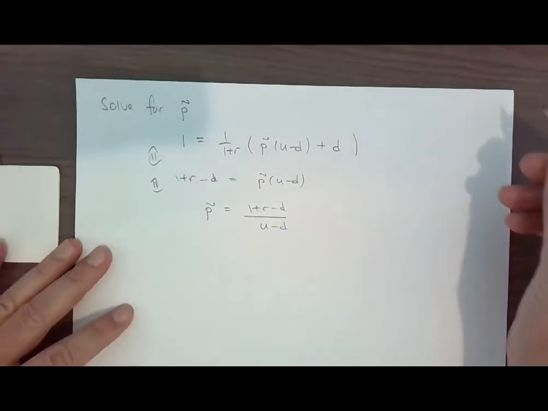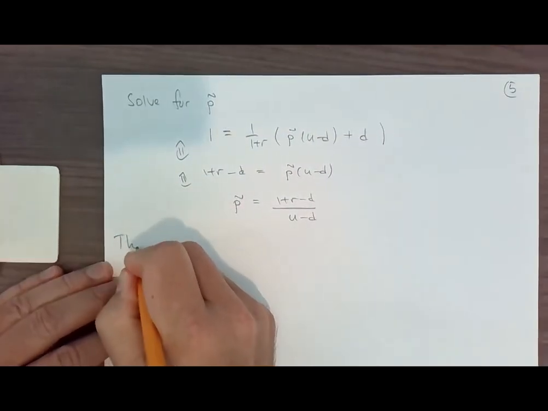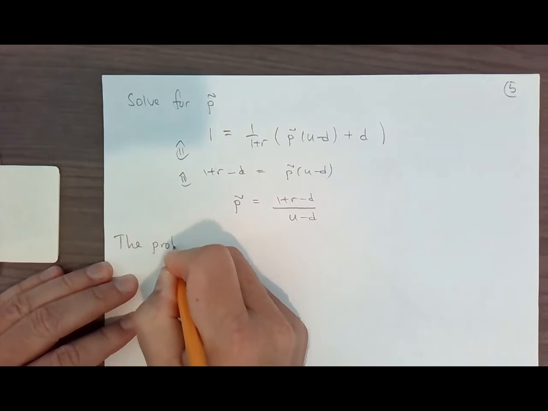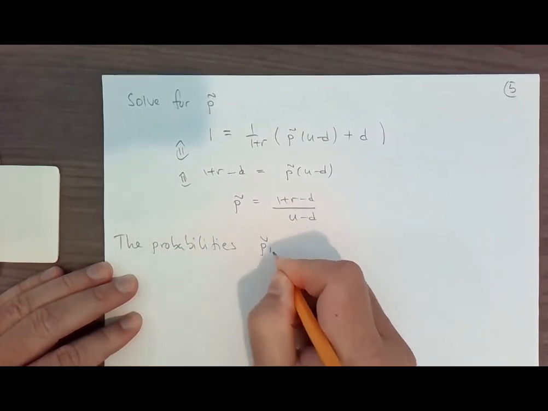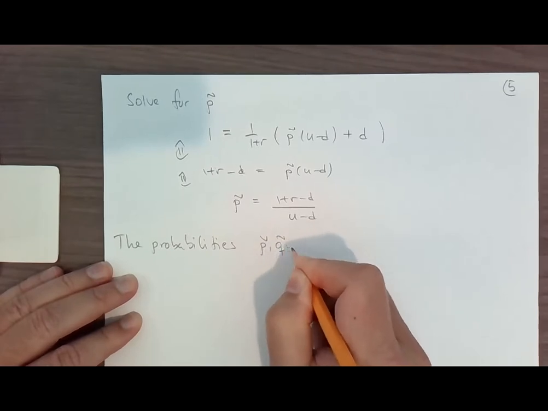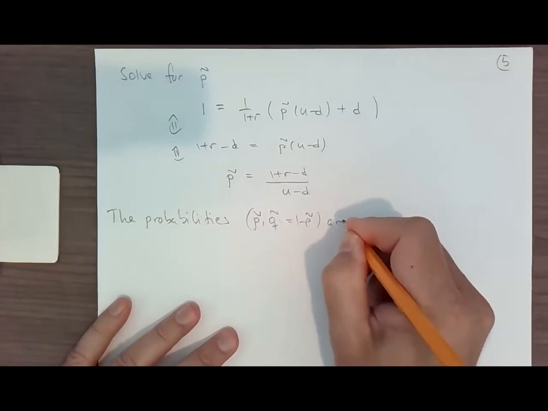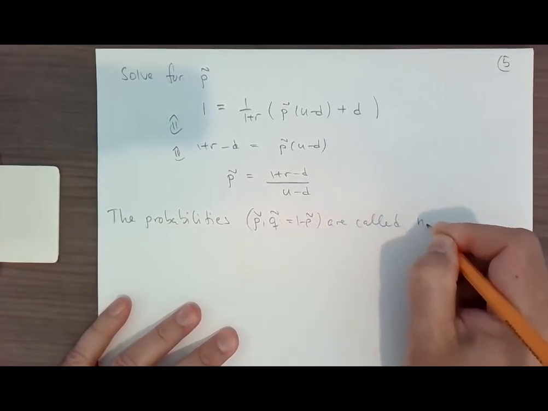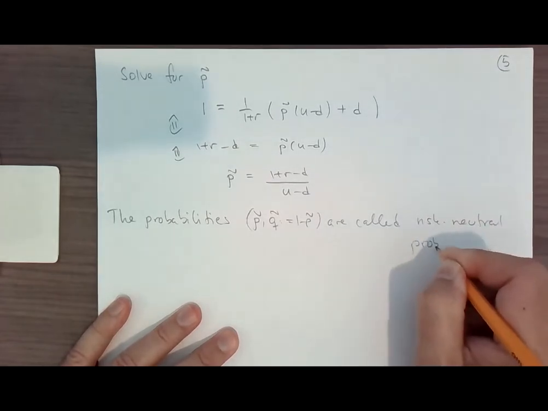And so what does it mean? We call these risk neutral probabilities. The probabilities P tilde, and sometimes the other one is called Q tilde. These two probabilities are called risk neutral probabilities.